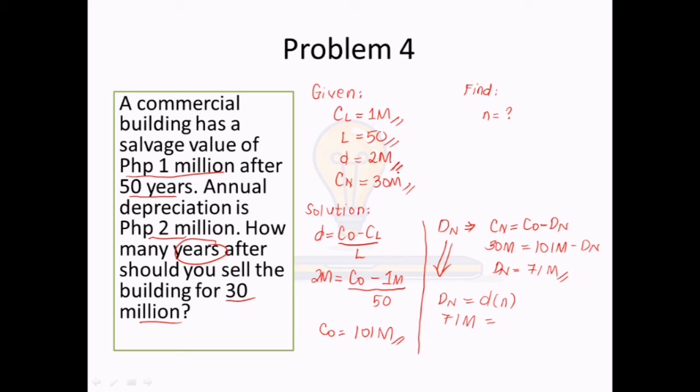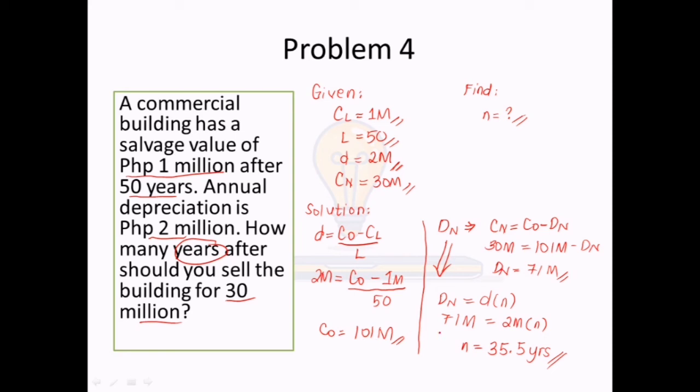Since you know the total depreciation, you can now proceed with the last formula, D times N. 71 million pesos is equal to 2 million pesos multiplied by N. It depreciates by 2 million per year. To reach the total depreciation of 71 million, just divide 71 by 2, and we have the final answer of 35.5 years.